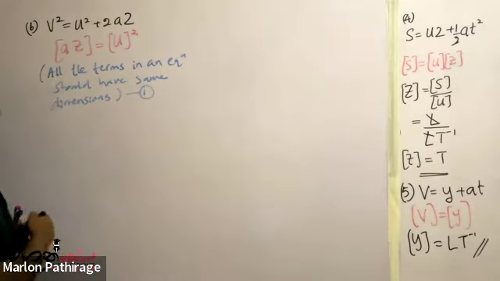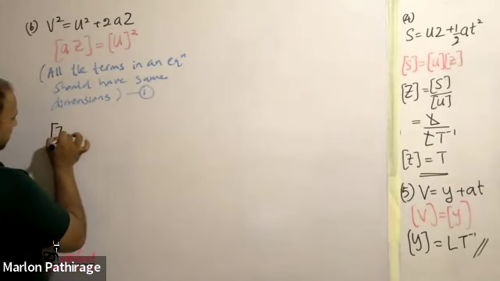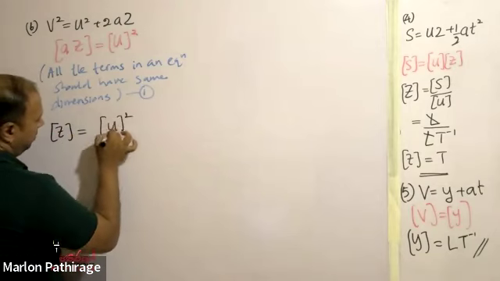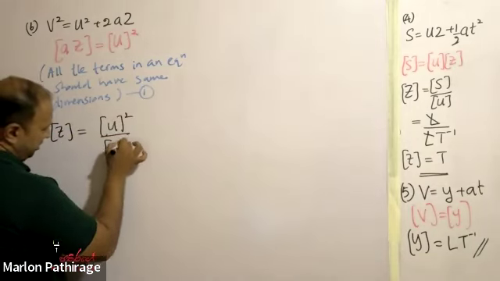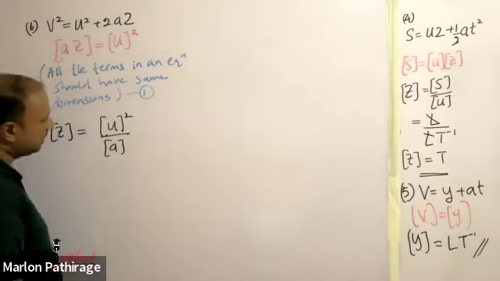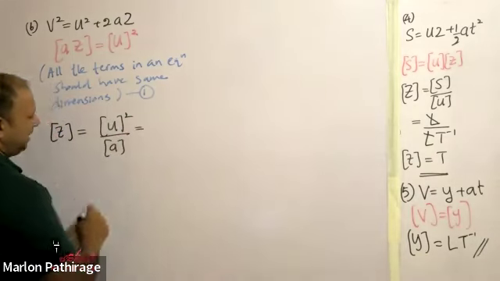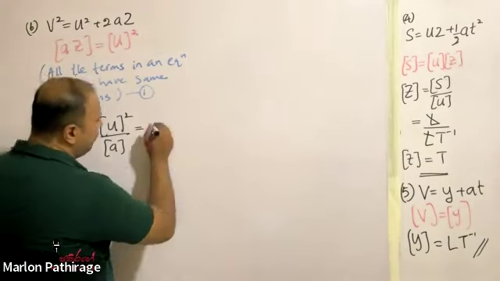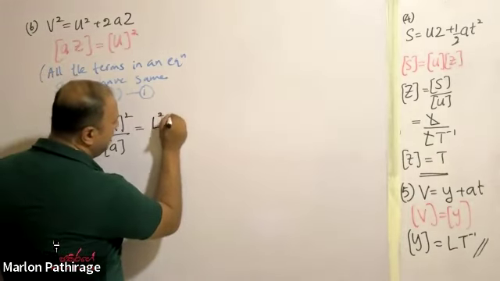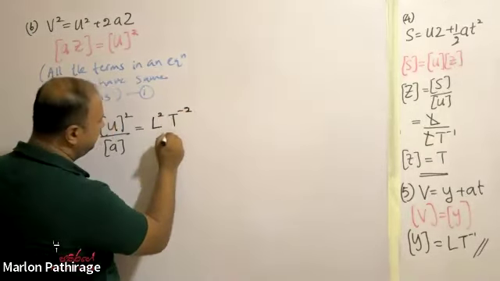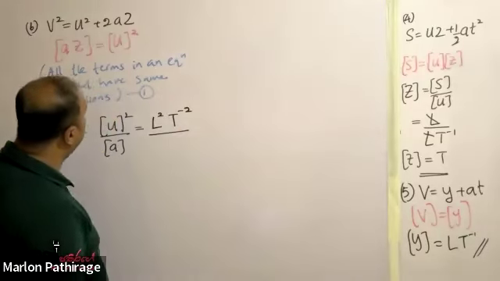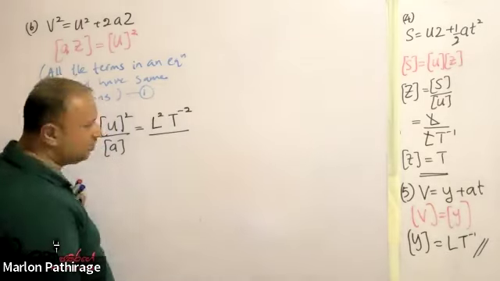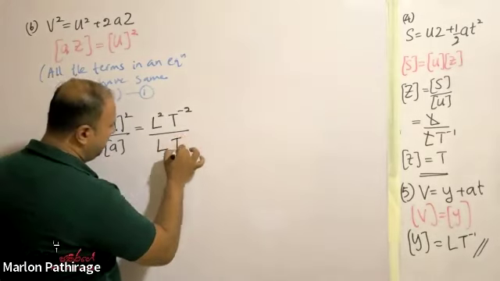A means acceleration, therefore the dimension of Z is equal to the dimension of u square over the dimension of acceleration. U square means LT minus 1 squared, therefore L square T minus 2, divided by acceleration, which is LT minus 2.